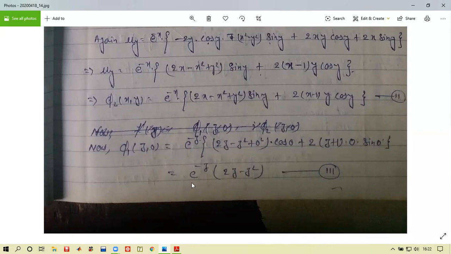Then we get e to the power minus z (2z minus z square), because sin 0 equals 0 and cos 0 equals 1.